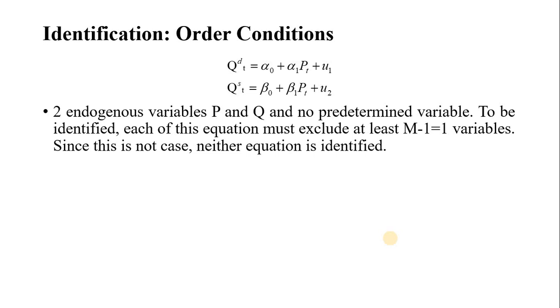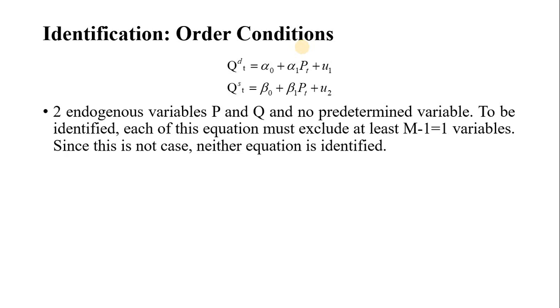So Q and P are the two endogenous variables. Now look at the right hand side variables. Is there any predetermined variable or exogenous variable? No, there is no exogenous variable. To be identified, what is the condition?